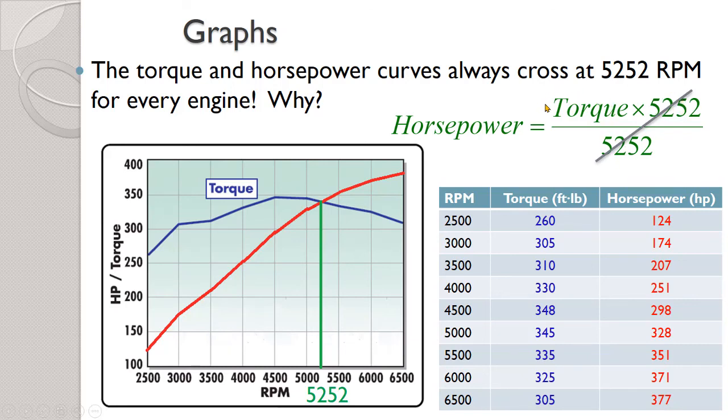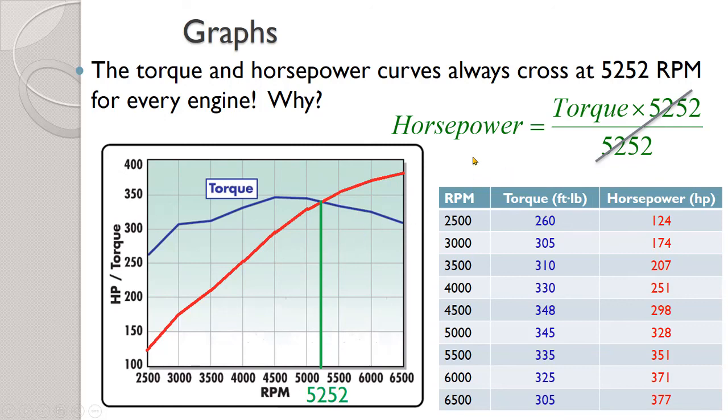And that means whatever your torque is has to match your horsepower value. So these two curves always cross for every engine, whether it's a lawnmower or a Peterbilt truck or a Lamborghini. They always cross at that point. Torque is on its way down, horsepower is on its way up at that point.